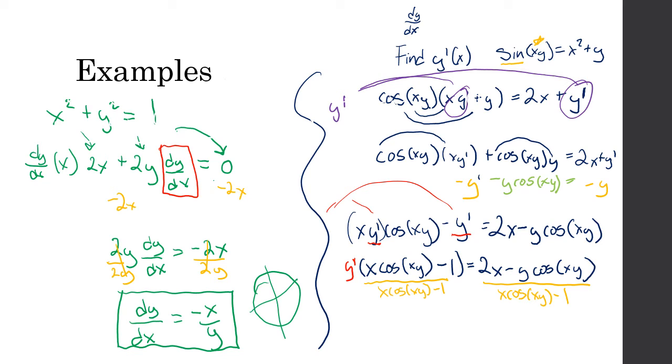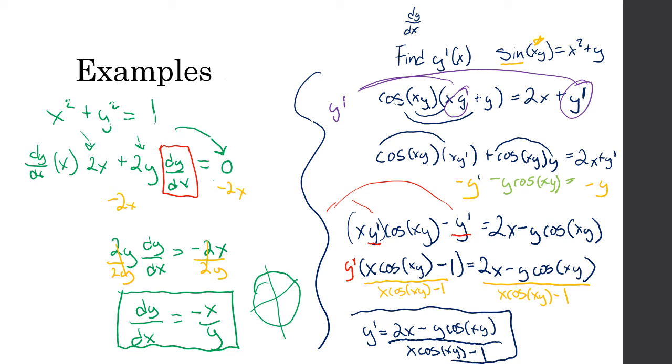Now in this instance, there isn't anything we can simplify, so we get y prime equals 2x minus y cosine xy, all that entire quantity divided by x cosine xy minus 1.